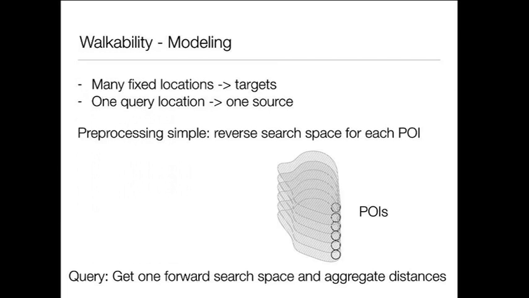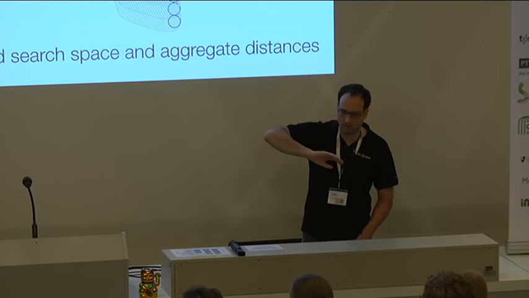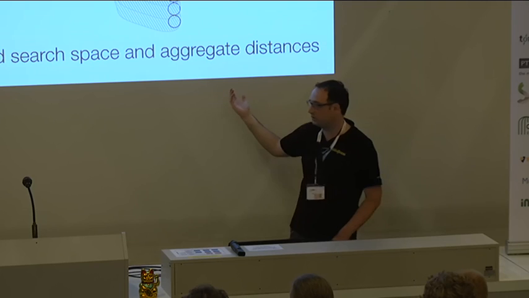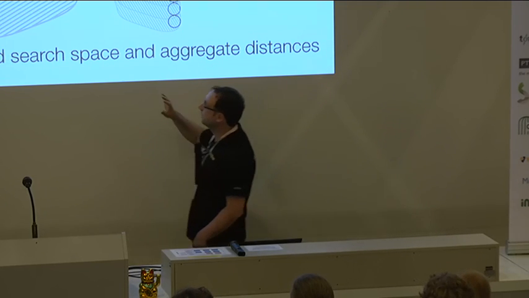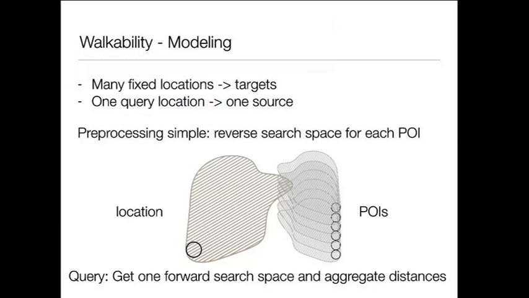So no need to store that in the database, the value for each location, but we can retrieve that on the fly. So what we do is, we do a forward search, intersect. It's the same game as before, only the other way around, right?